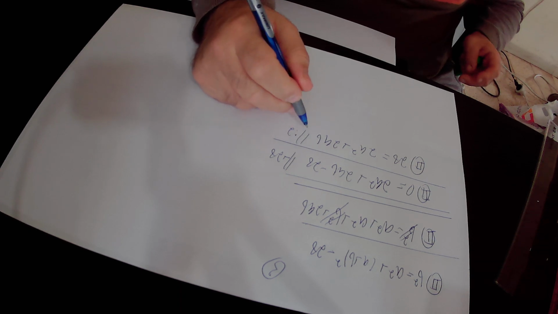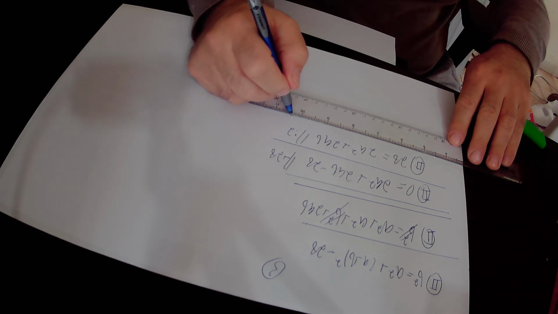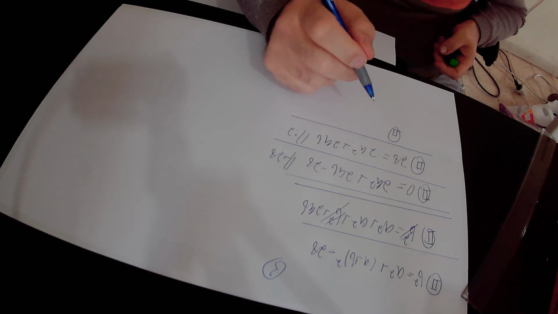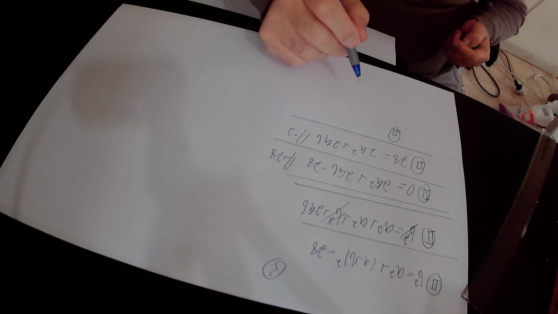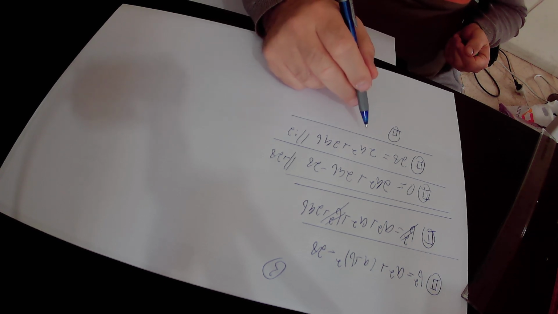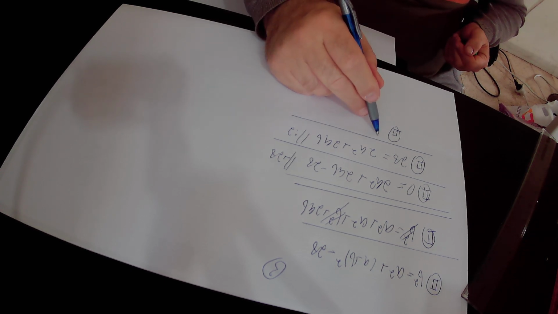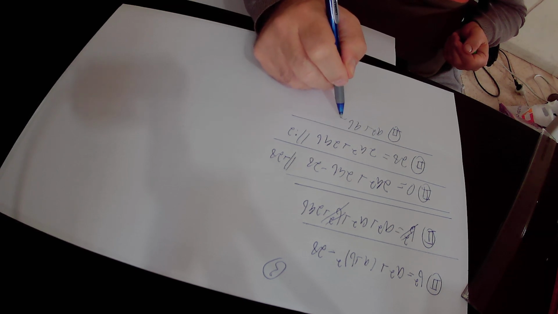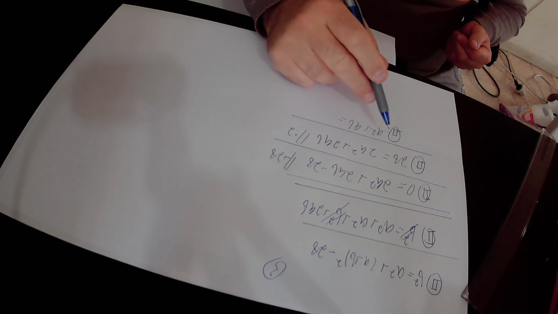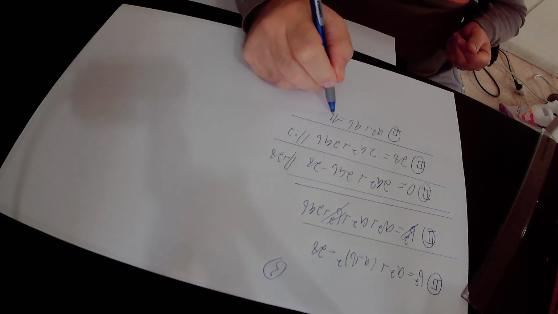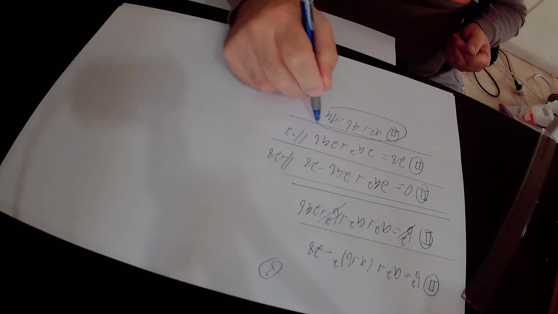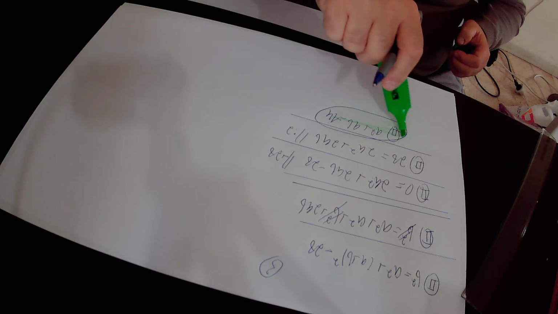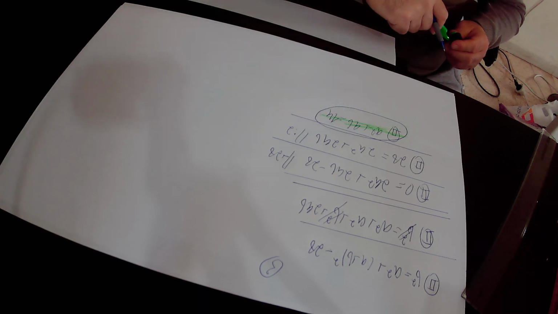And finally we get that 2a squared over 2 is a squared, plus 2ab over 2 is ab, and it equals 28 over 2, which is 14. So actually according to equation 2, we found out that a squared plus ab equals 14.